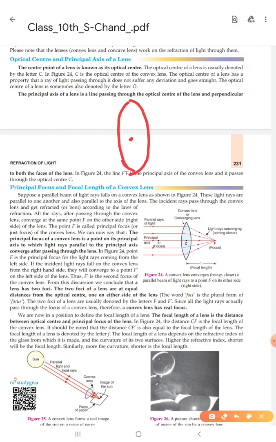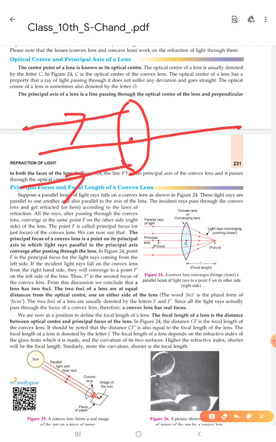I think you know the meaning of converge: the light rays come closer when they pass through this lens. Suppose this is a light ray; you can see the diagram here also. After passing through this lens, it converges like that.